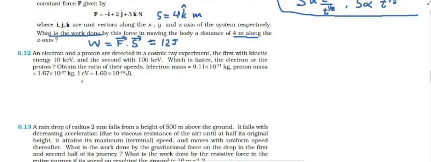That means the kinetic energy of the electron, you can take it as Ke, is equal to 10 kilo electron volt.